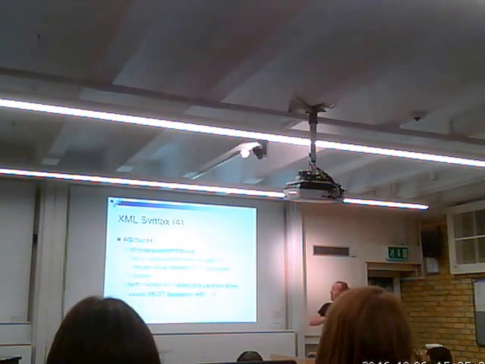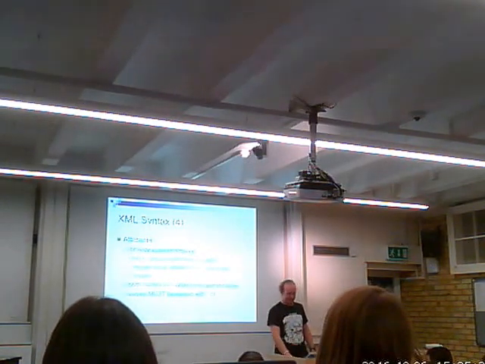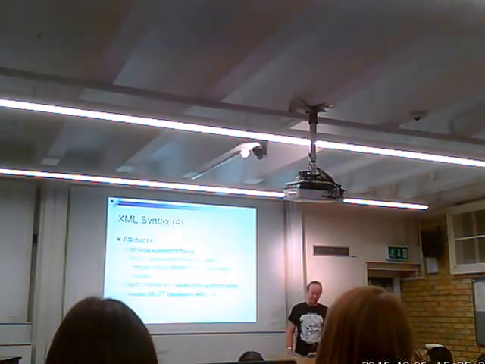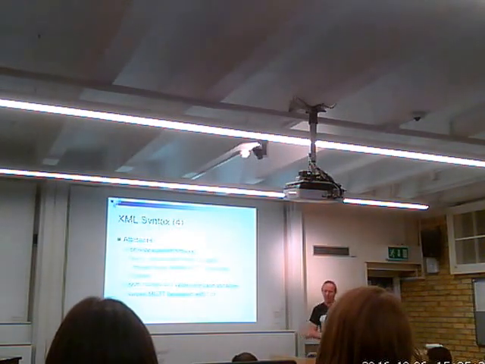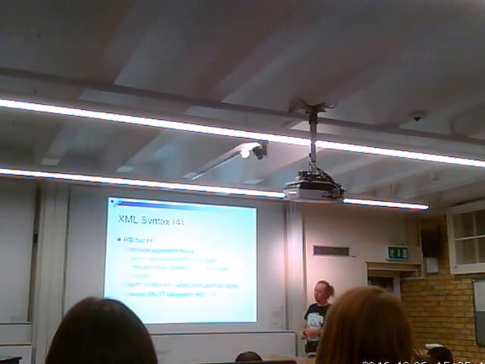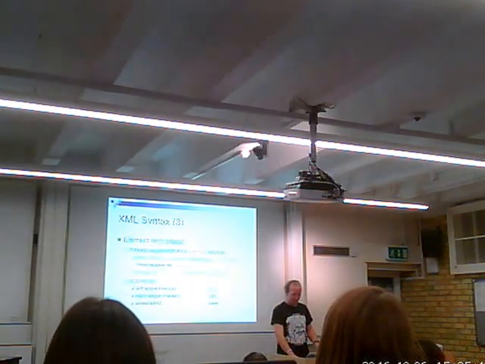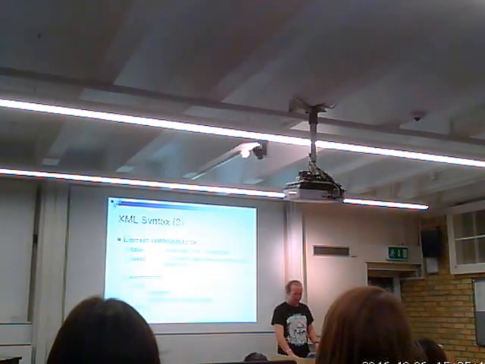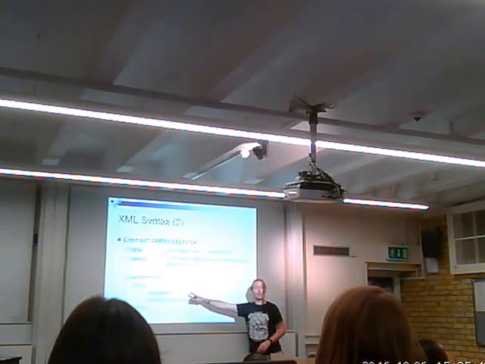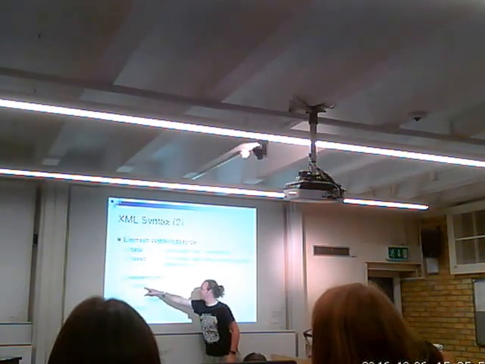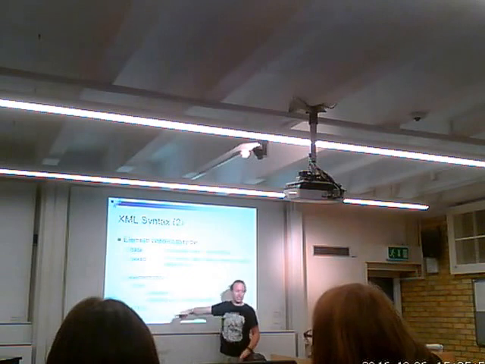Okay, so attributes. The other key part of the syntax here. These occur just within the opening tag. So when you open a tag like in all these other examples, all these other examples have no attributes. If you look in the opening tag, there's no other information in there.